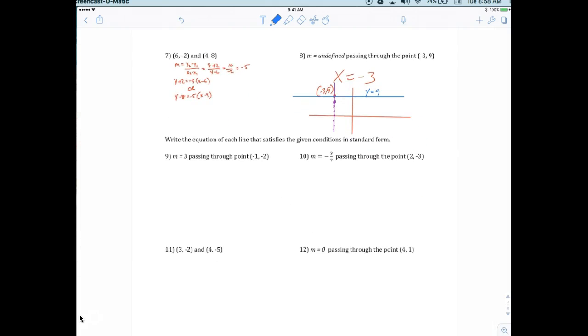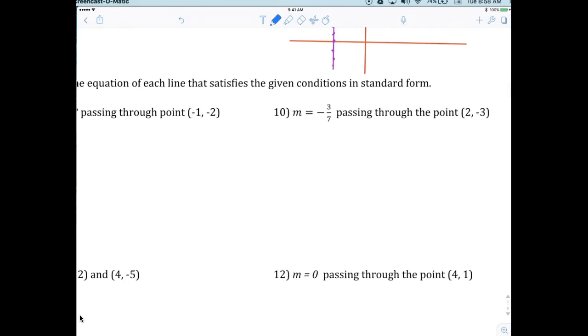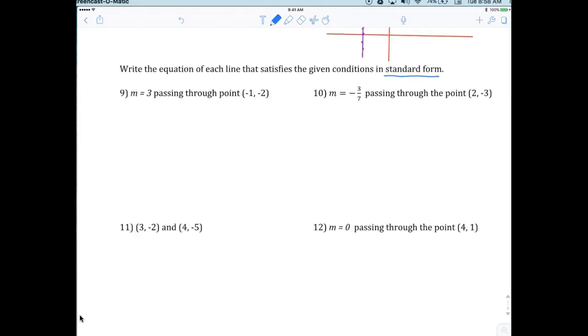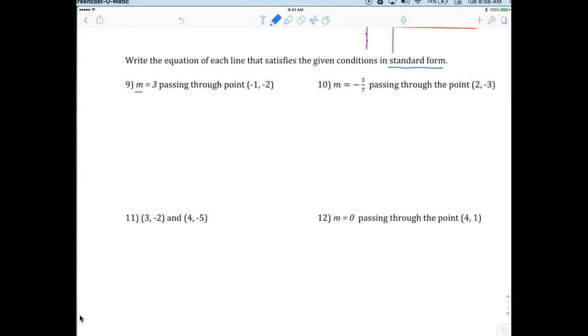All right, so here we go. Now, the form everybody hates, standard form. Right now I have a slope and a point, so we should put it in what form first? Point slope form. So y plus 2 equals 3 times x plus 1.